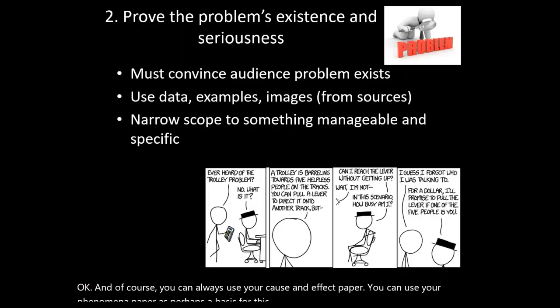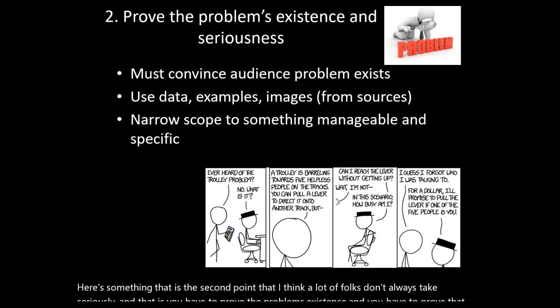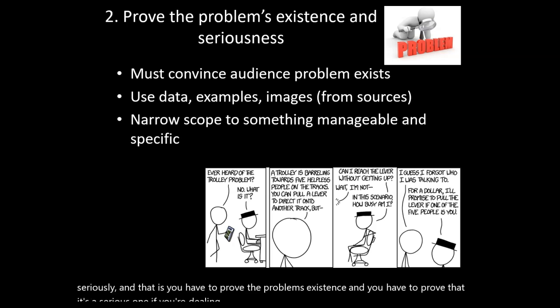Here's the second point that I think a lot of folks don't always take seriously, and that is you have to prove the problem's existence and you have to prove that it's a serious one. If you're dealing with something like the way we do car registrations or pay sales taxes in Missouri, I think most of us would probably say, yeah, this is a problematic system.